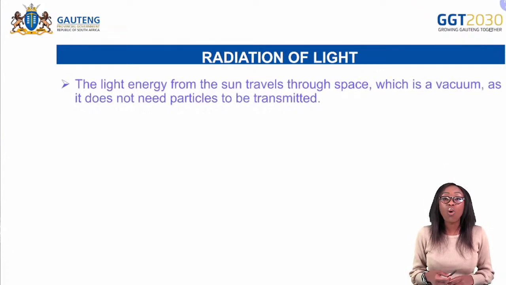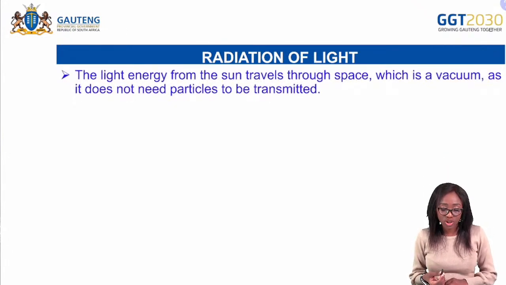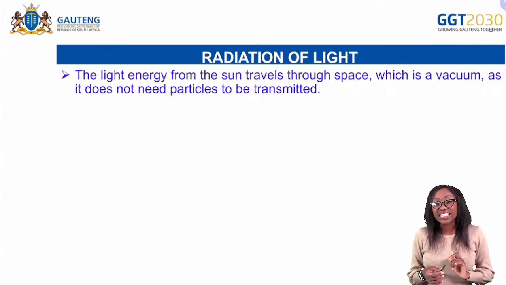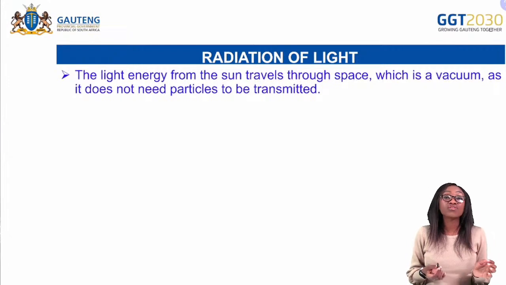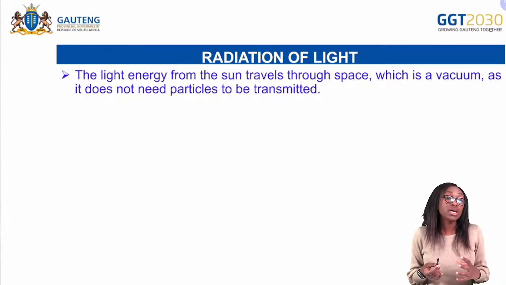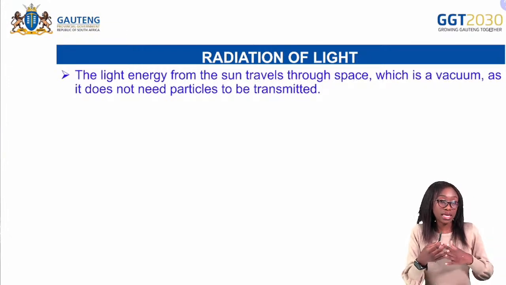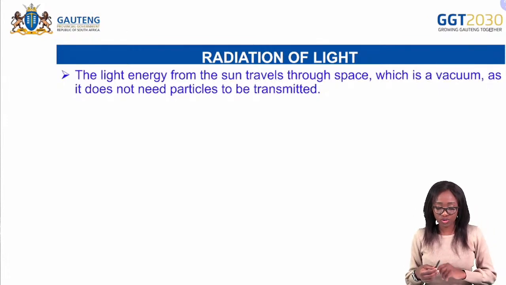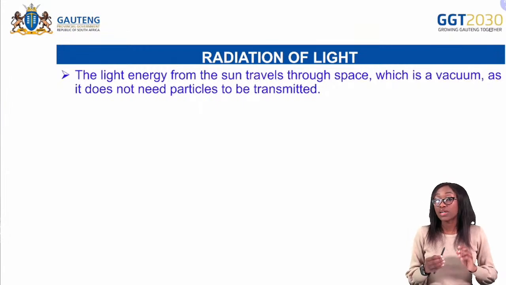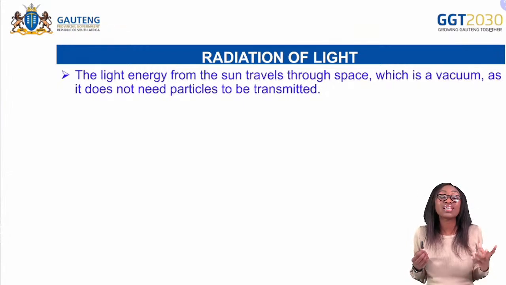So let's talk more of radiation of light. So the light energy from the sun, what does it do? It travels through space. Between the earth and the sun, there is space. So the light energy from the sun travels through space, which is a vacuum. Remember, space is a vacuum. There is nothing in there.